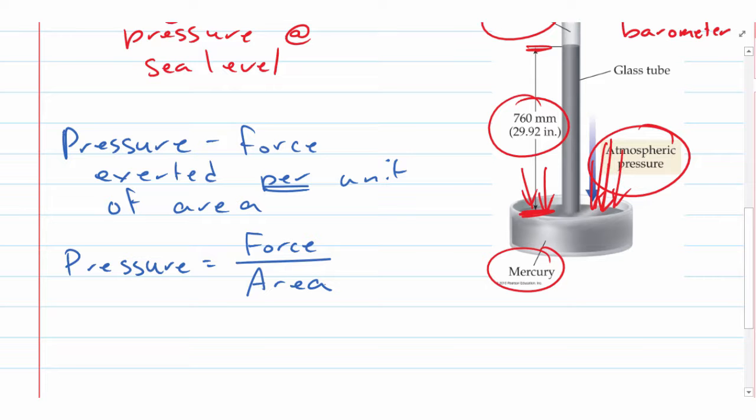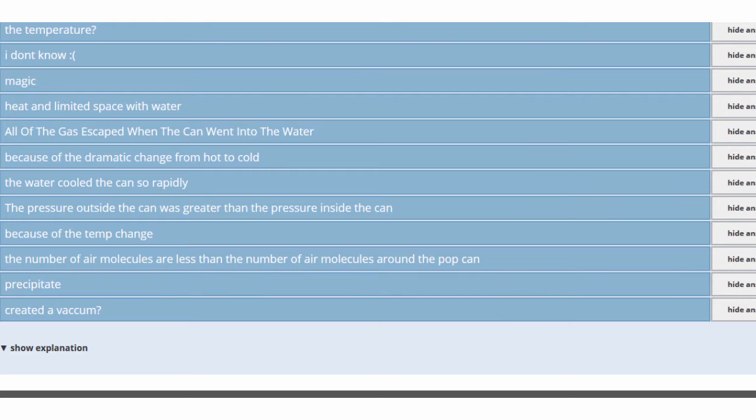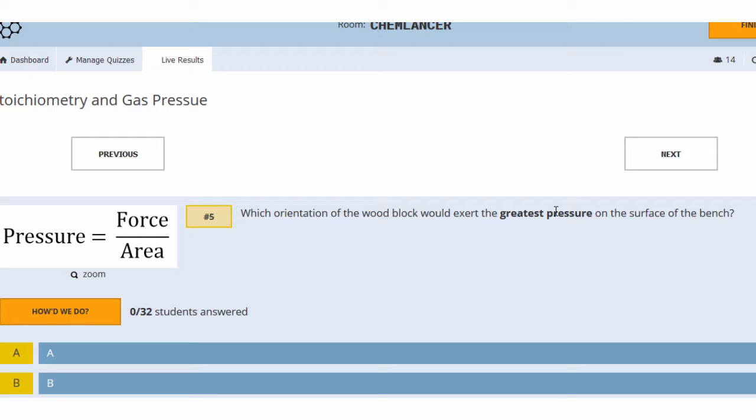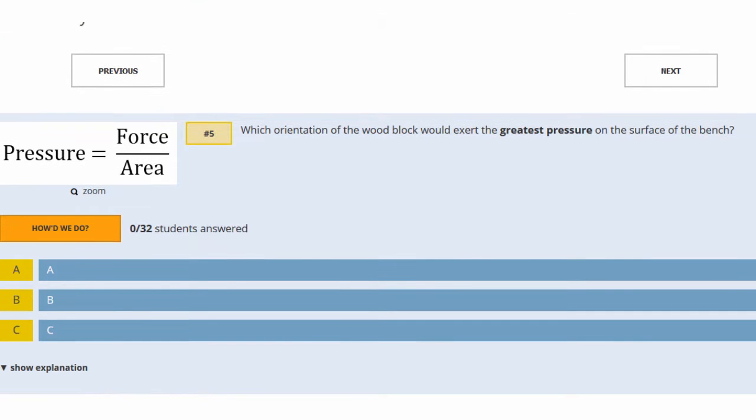So this takes us to 3 questions I think we have left on the Socrative app here today. And I have a wood block over here, and I'm going to show you 3 orientations of this wood block. And we'd like to know which orientation, given this formula, would exert the greatest pressure on the surface of the bench.